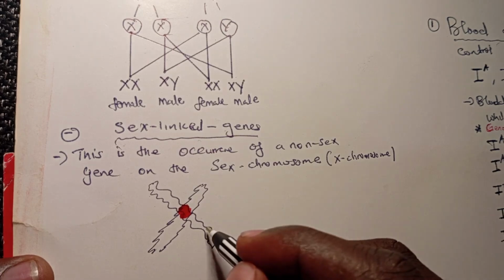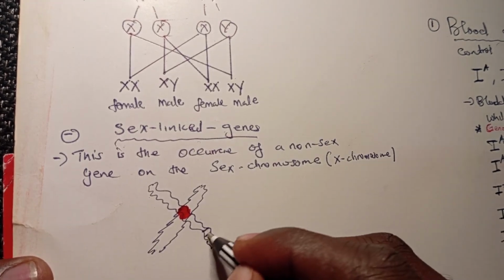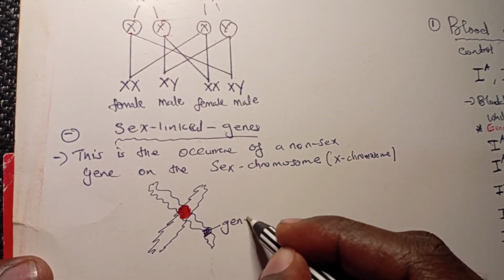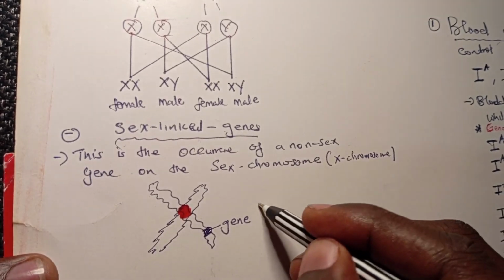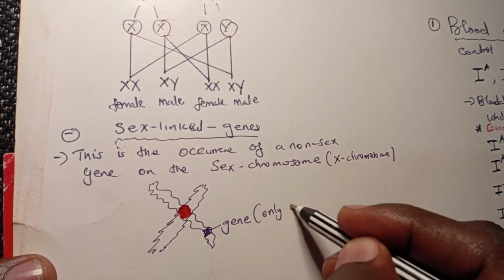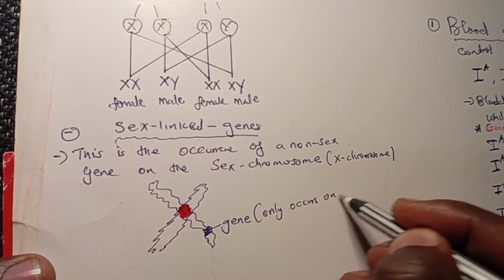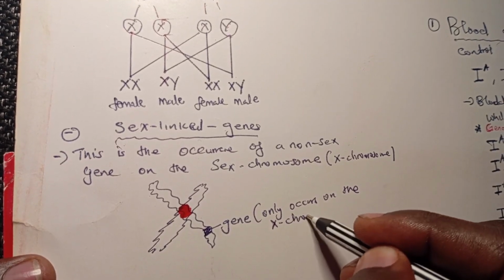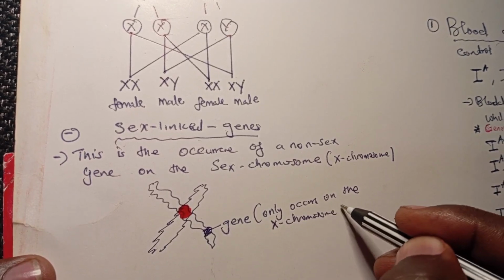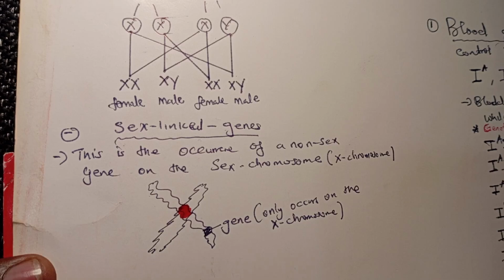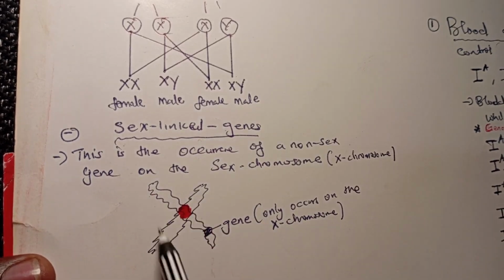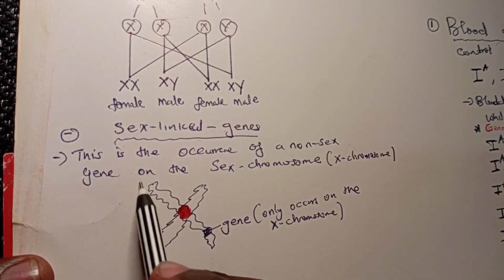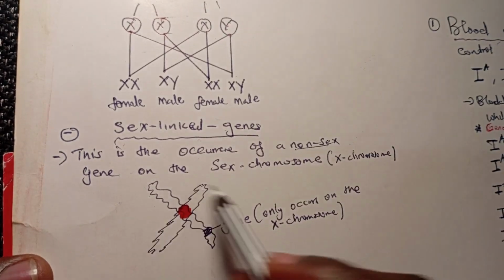Now if this sex chromosome has a gene at a particular point, and this gene only occurs on the X chromosome, this will mean that this gene is just linked to the X chromosome alone. So we're saying the occurrence of a non-sex gene on the X chromosome.